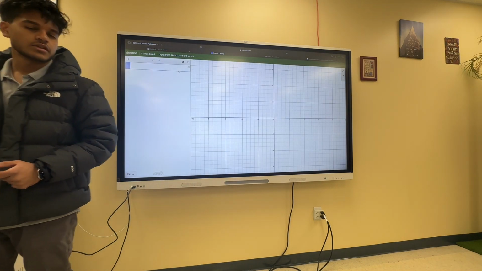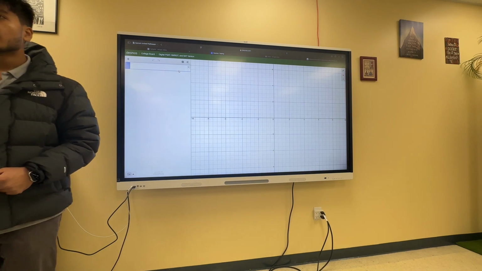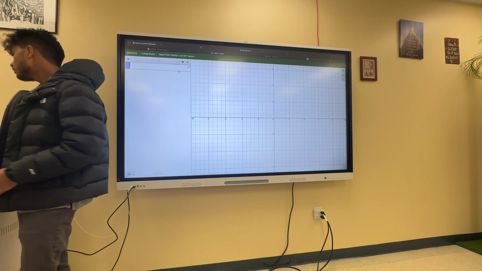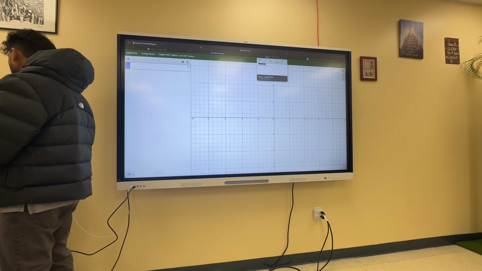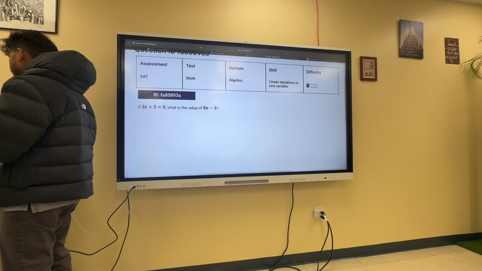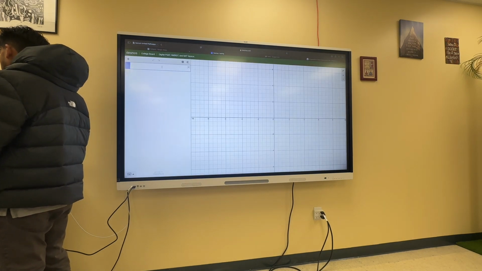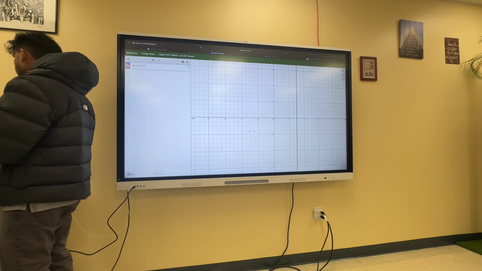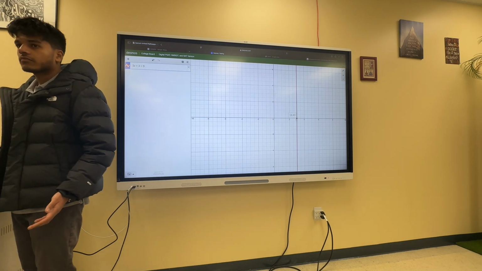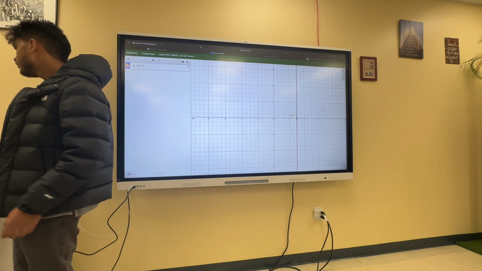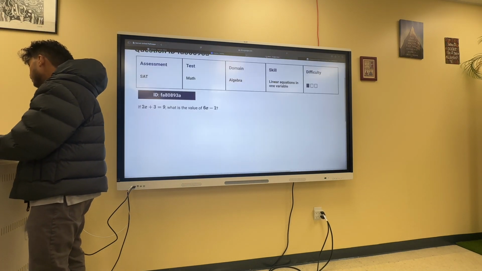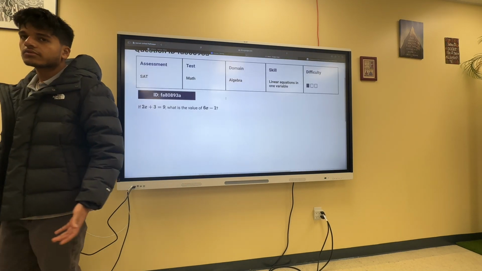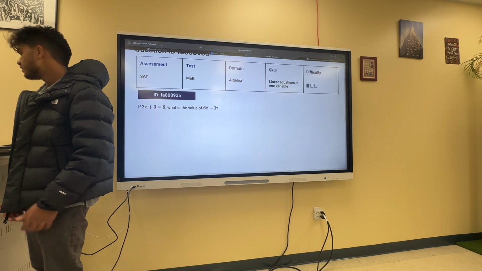Desmos is an online graphing calculator, and all you have to do is copy and paste the equations in here. As you can see, I just enter 2x plus 3 equals 9, and it gives me x equals 3. It's that easy. Once you solve for x, you plug that back in: 6 times 3 is 18 minus 1, which is basic math.